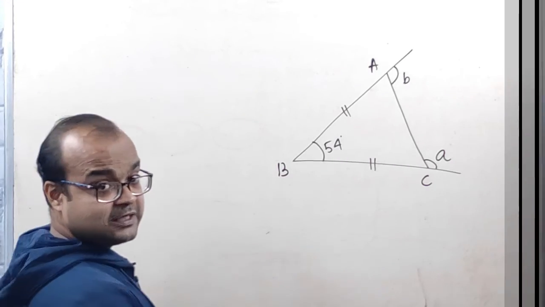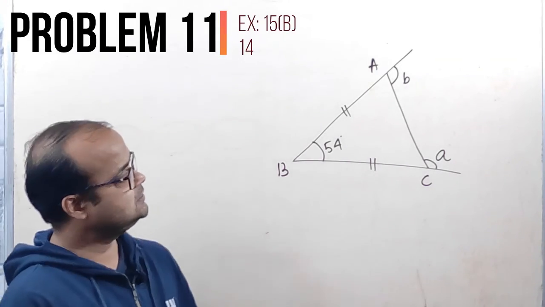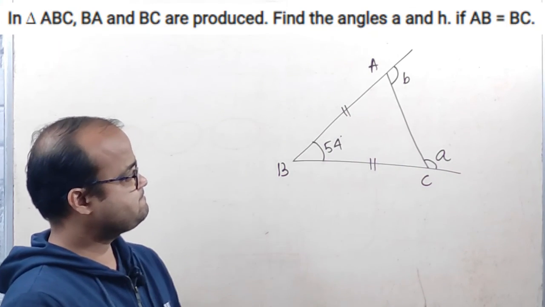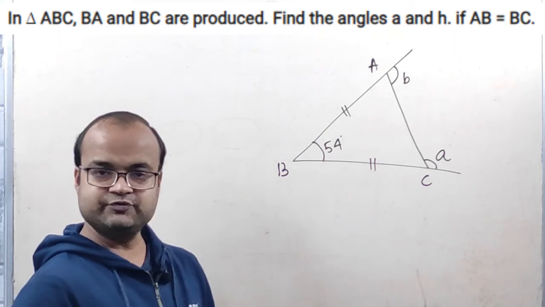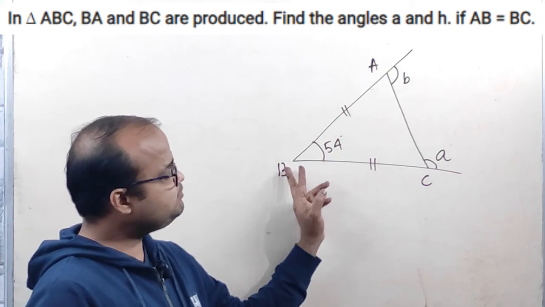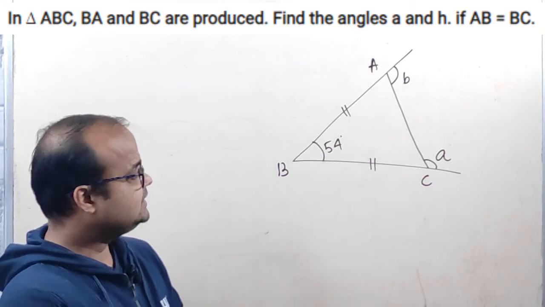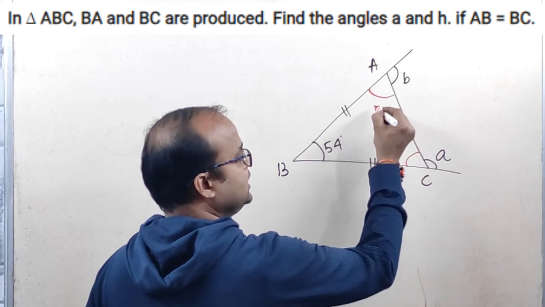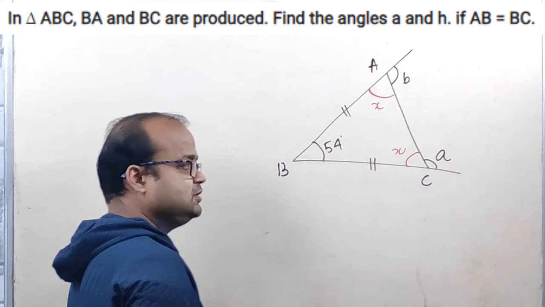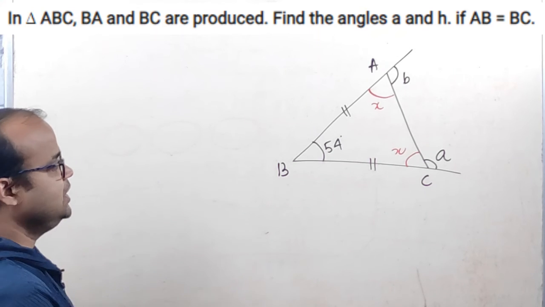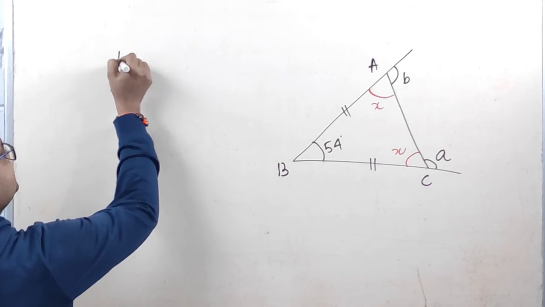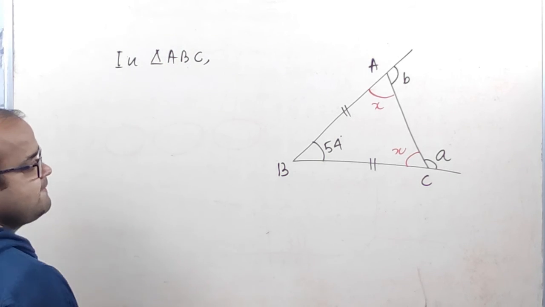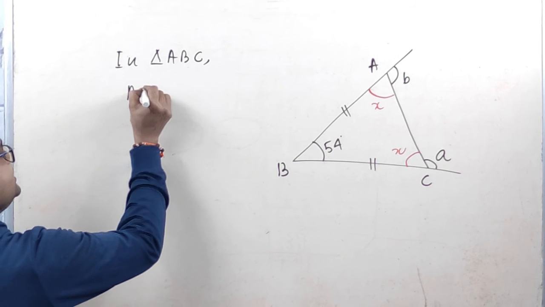Now this is the last problem of this part. Here in triangle ABC, angle B is given as 54 degrees and AB equals BC is given. That means these two angles are equal and we consider this as X. So first we write this as part of our explanation. In triangle ABC, AB equals BC.